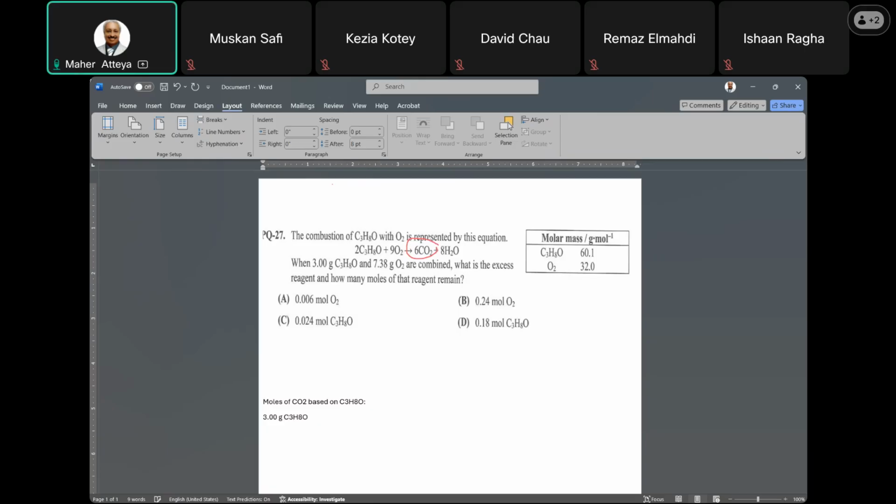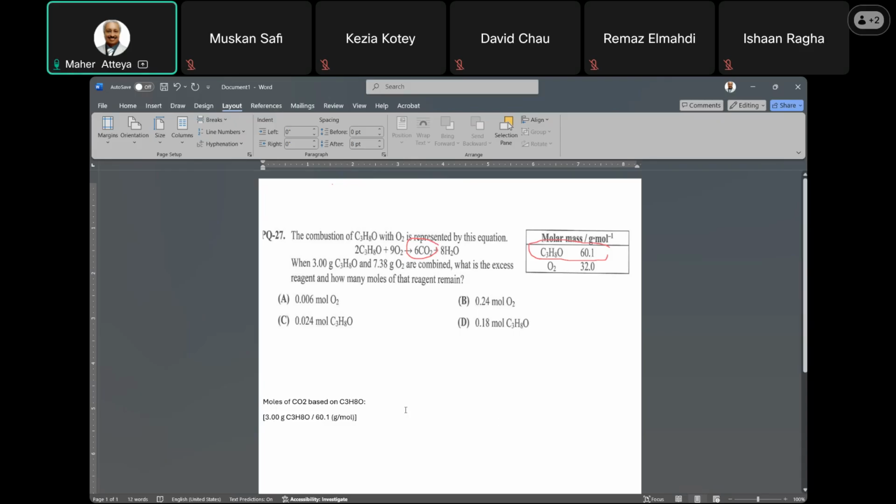Then you divide it by its molar mass, which is 60.1 grams per mole. So you get the number of moles of this organic compound. That's a combustion reaction, a complete combustion reaction.